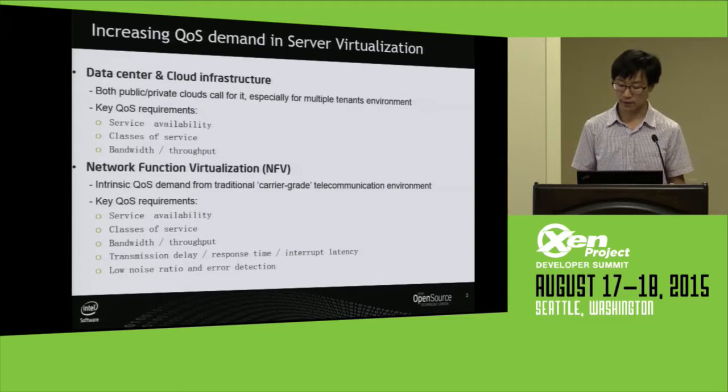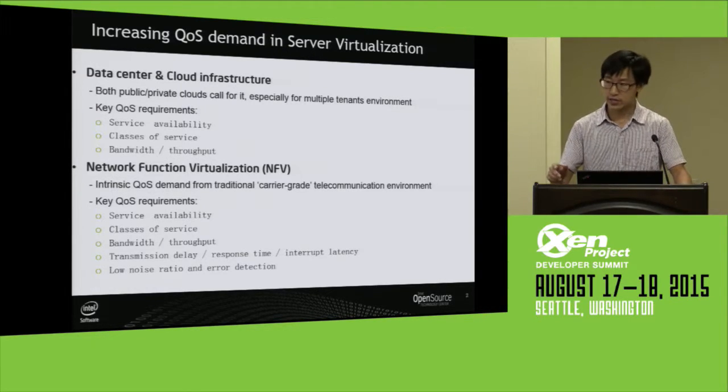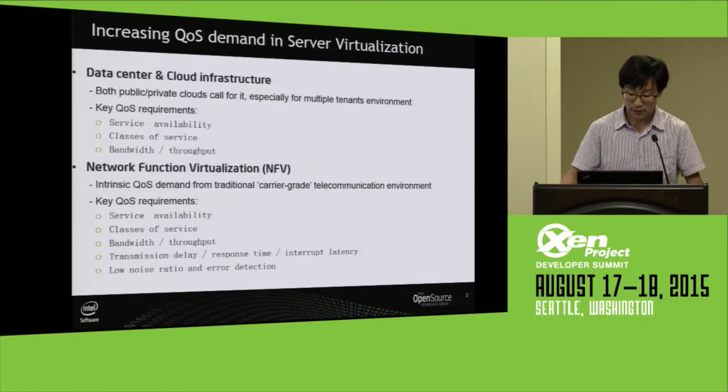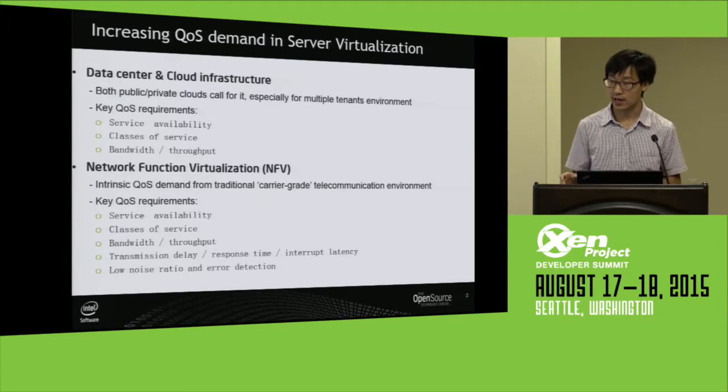Nowadays, it's quite common for a public cloud vendor to provide different classes of services to different customers. Then they need a way to make sure the quality of service for each class of customers is satisfied, just as they had written down in the contract.